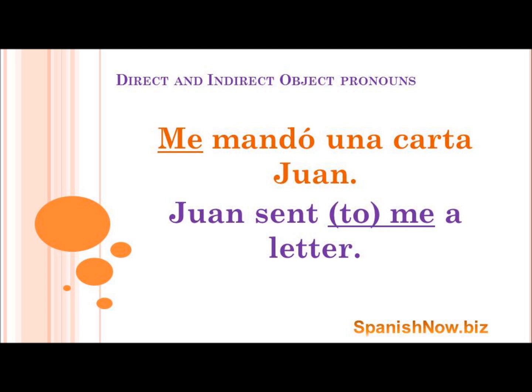It's not necessary for us to say a mí, for example, in this sentence, because the me already takes care of it. Even though you could debate whether or not it's a direct or an indirect object pronoun, it's actually indirect here because he's sending it to us. But you do not need to put an a before the me in this case.